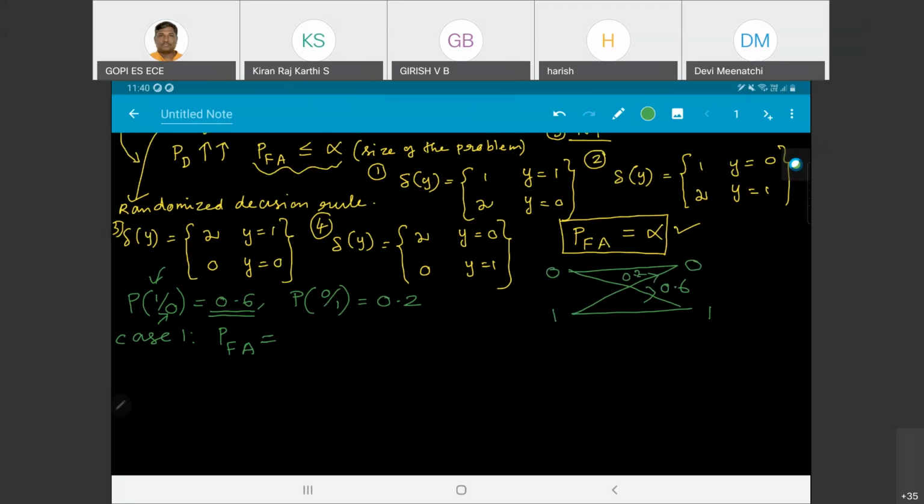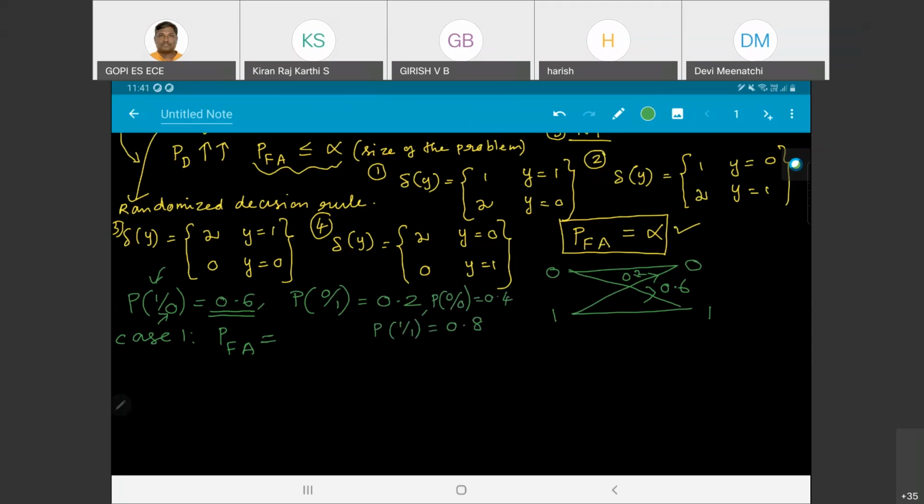So conditioned on 0, probability of 0 given 0 is going to be 0.4, and conditioned on 1, probability of 1 given 1 is going to be 0.8, right?